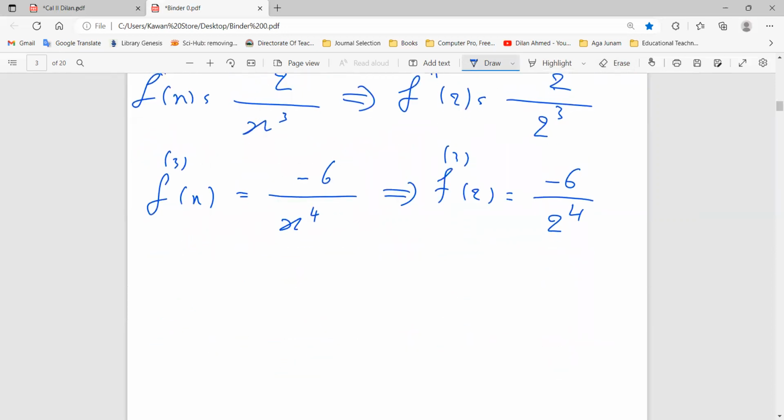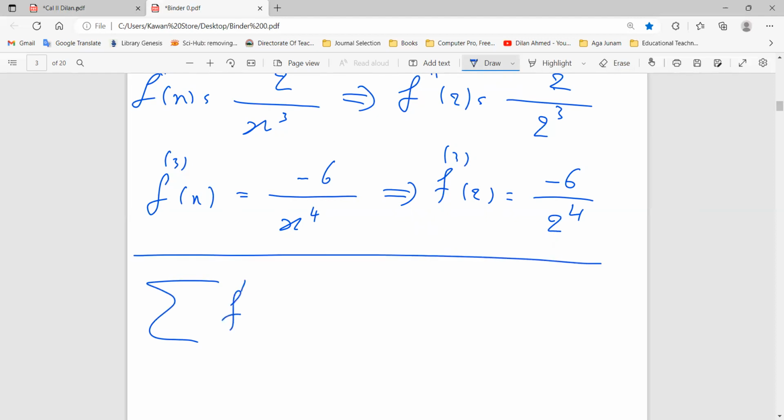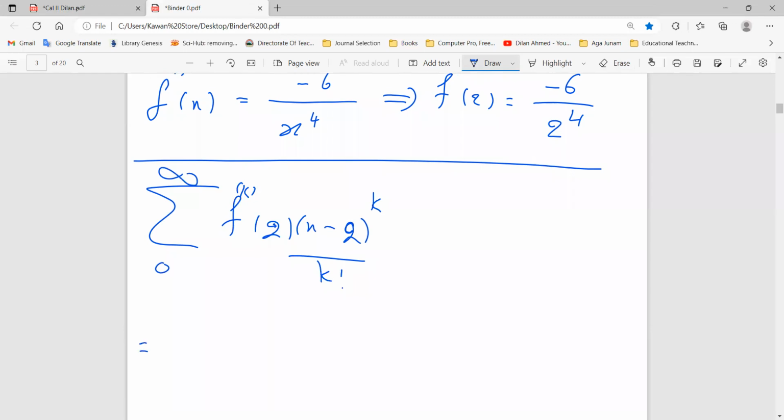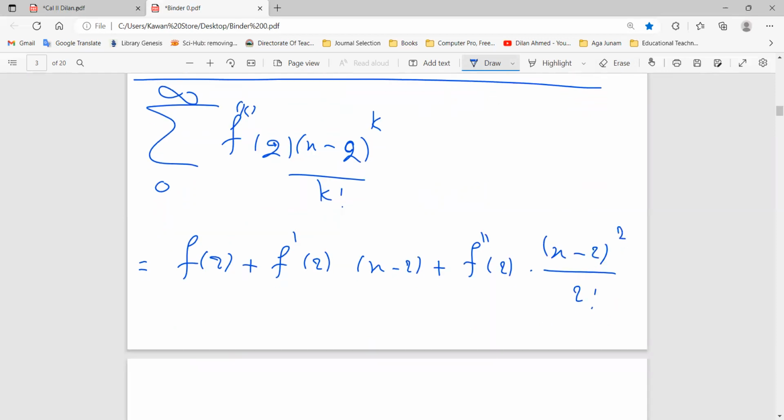Okay. So I say now, after finishing, the sum of f^(k)(a)(x − a)^k / k!, k from 0 to infinity, equals the expansion: f(2) plus f'(2)(x − 2) plus f''(2)(x − 2)²/2! plus and so on.